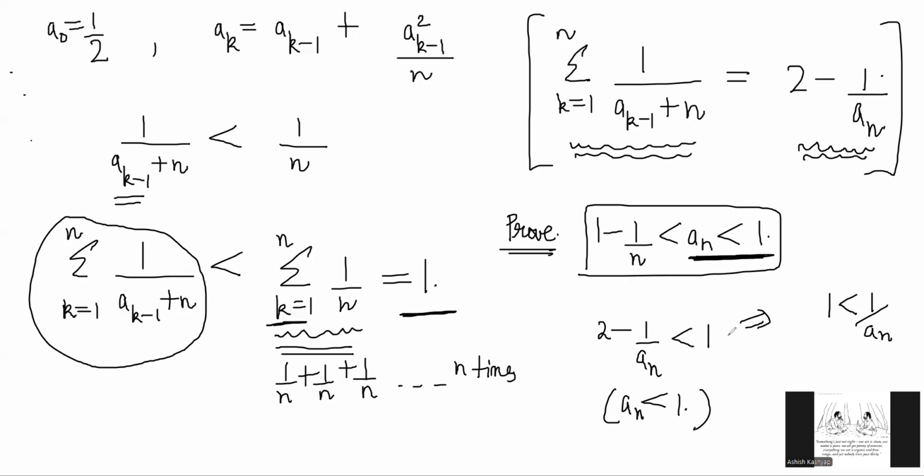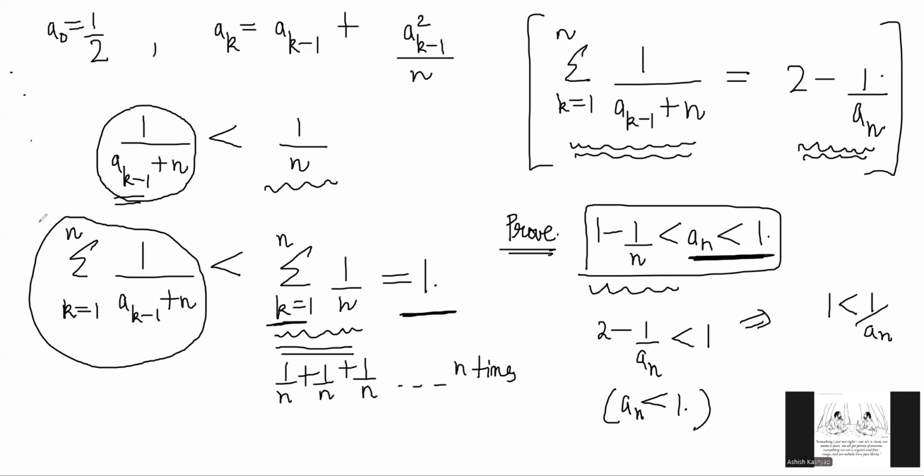This part is done. How did it happen? It happened by changing this term of the summation and getting an inequality on it: 1 by ak minus 1 plus n is less than 1 by n. So we have proved one part of it now. We have to still prove the other half.